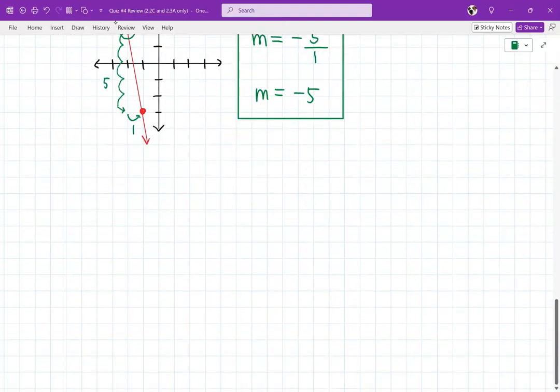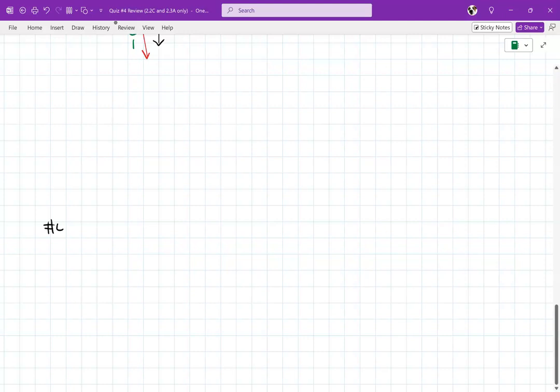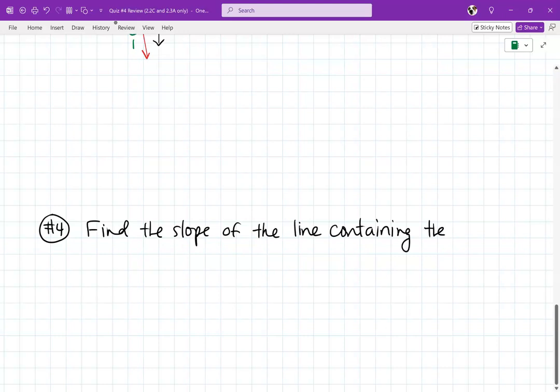So let me put right here number 4. Find the slope of the line containing the points, and let's do -2, 3, and let's say 4, -10.